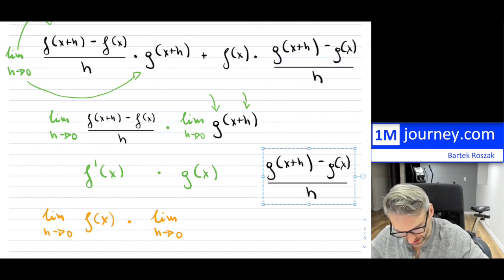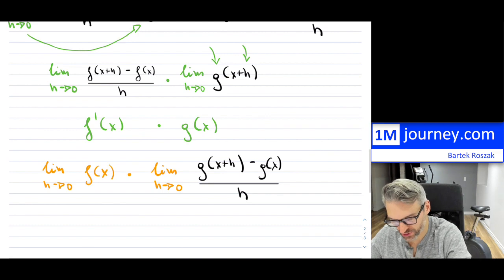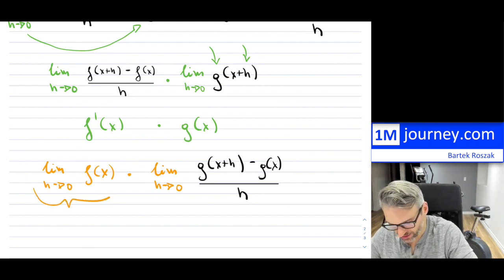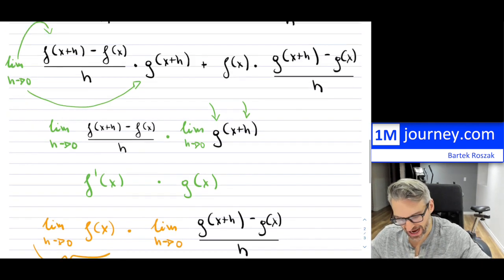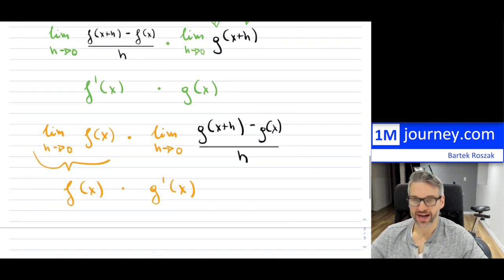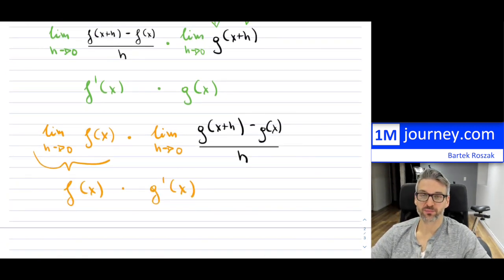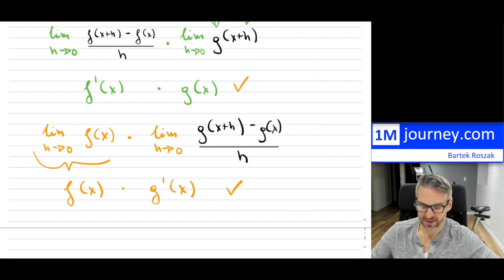So I'm going to duplicate it, okay, and bring it back over here. And now I hope that you notice, well, there is no h there. This is just simply f(x). And now it is multiplying this, which is nothing else but the derivative of g. And that, now, because we're adding these two things together, right there, is actually the entire proof. So you have your product rule set.